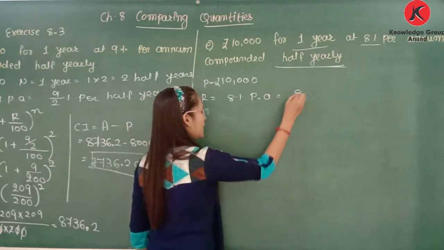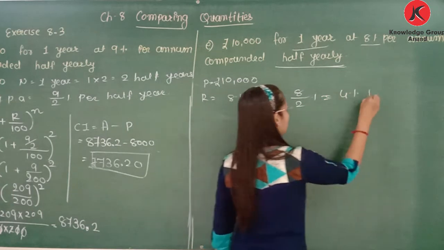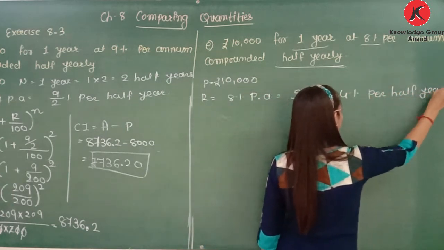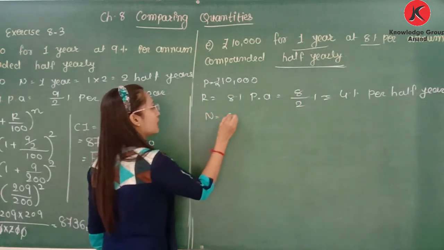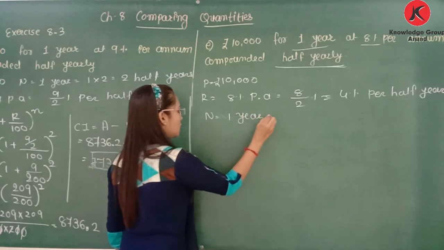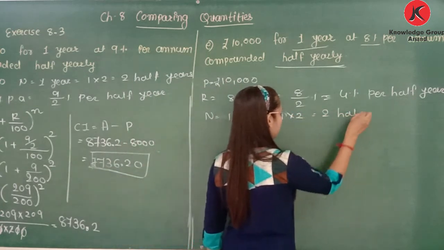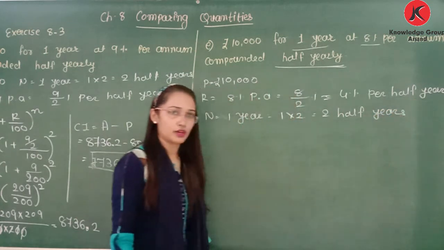It means 8 by 2%, that is 4% per half year. Now N, that is 1 year, means 1 multiplied by 2, that is 2 half years, because it is compounded half yearly.